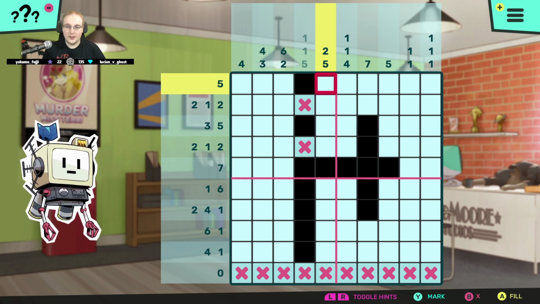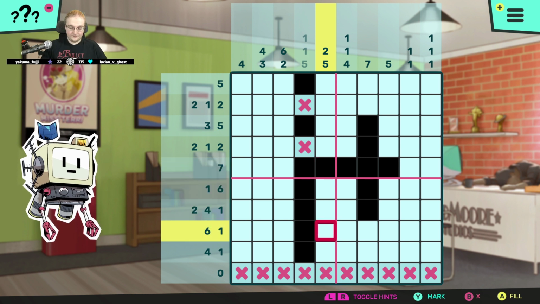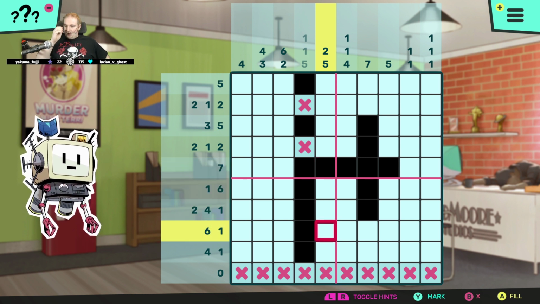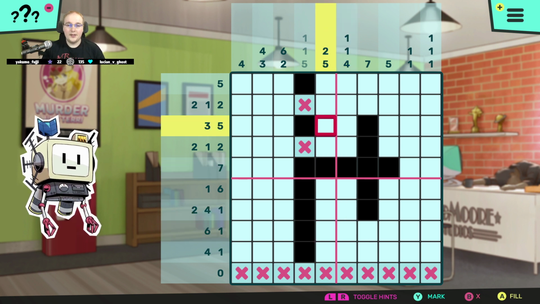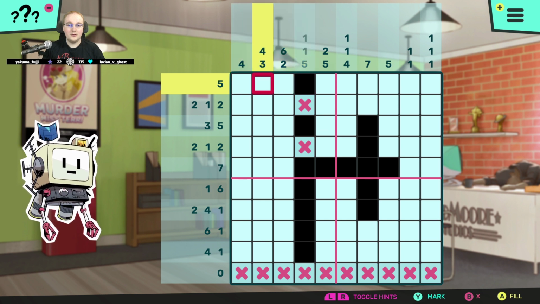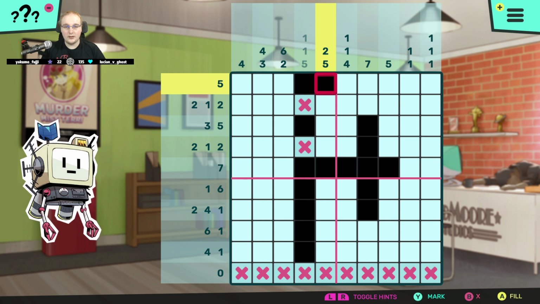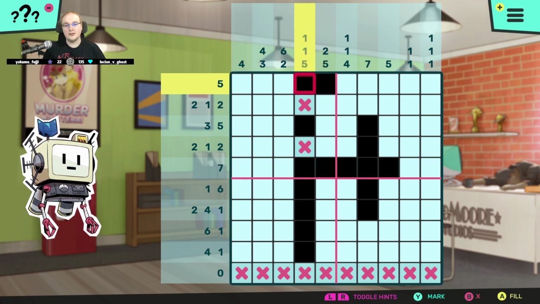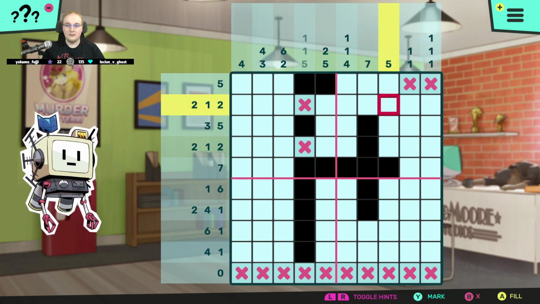2, 3, 4, 5. That could be anywhere along there. I think it was that one that I made a mistake on, actually, that particular column. Either way, for that to be a 5, 1, 2, 3, 4, 1, 2, 3, 4, 5. That's got to be filled in, because at least from that direction, those ones cannot be filled in.